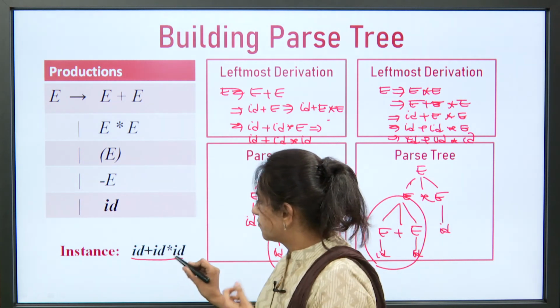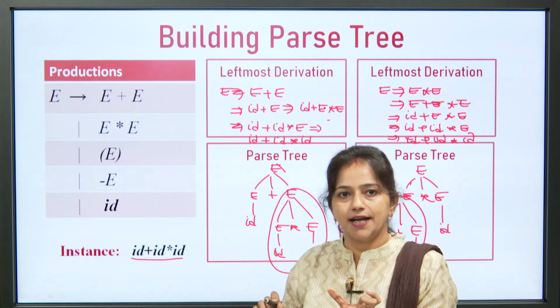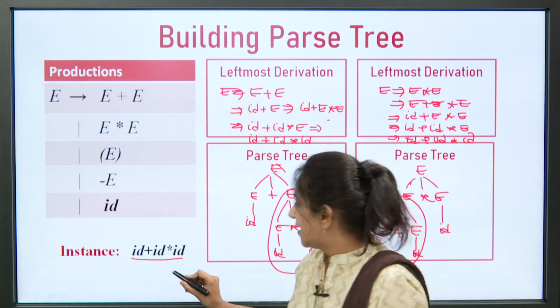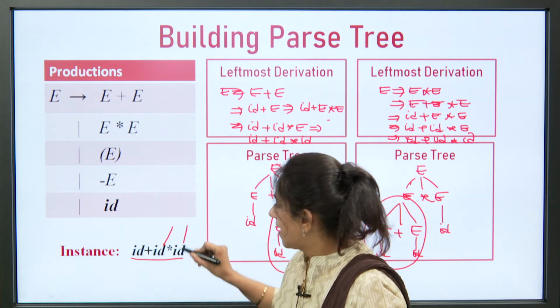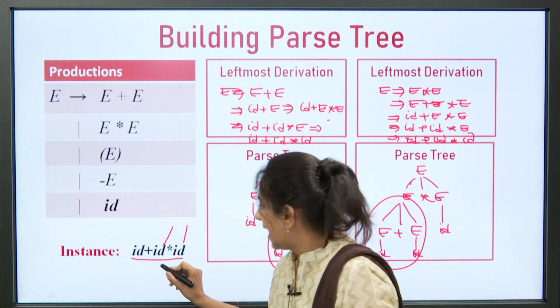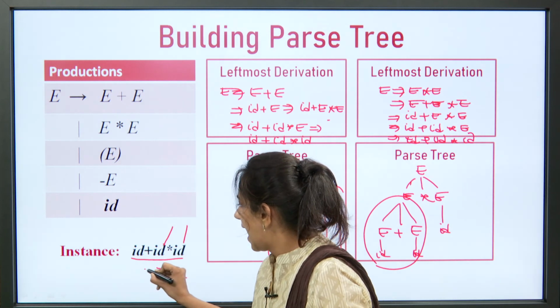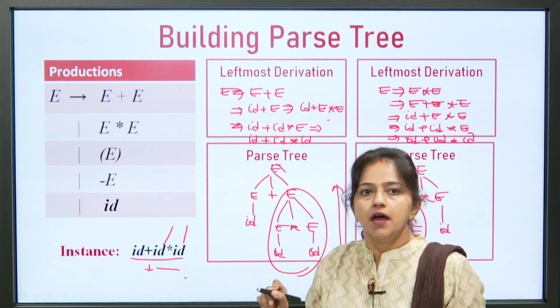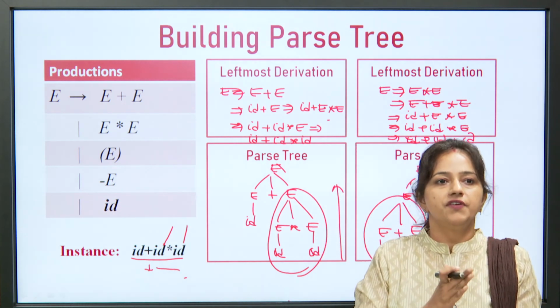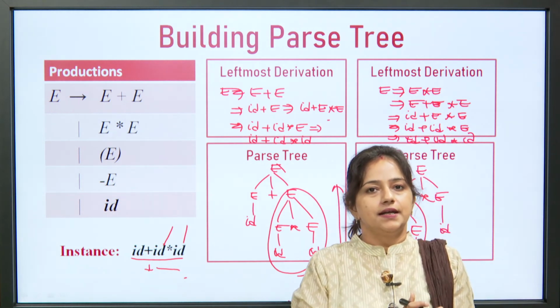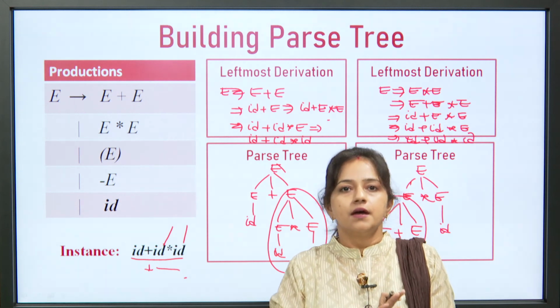In this instance, what is accepted actually, what is desirable? First of all, the second and third identifiers should be multiplied, and then this result should be added to the previous ID, because of the associativity and precedence of the operator. We know that the multiplication operator has higher precedence than addition.